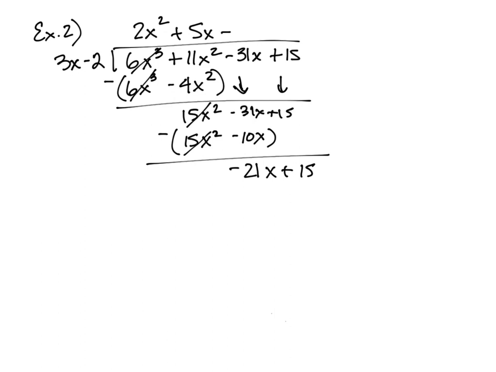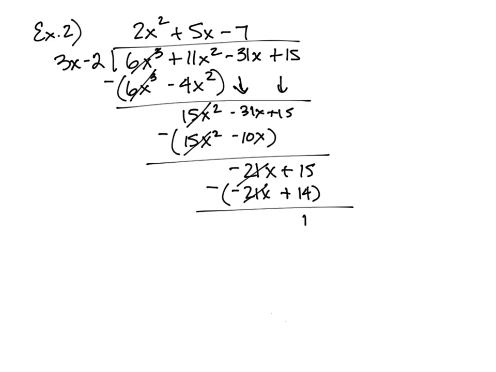Minus 7. No x, right? Just minus 7. So negative 7 times 3x is going to be negative 21x. Negative 7 times negative 2 is plus 14. Dang. It was almost nice. Cancel, cancel. 15 minus 14 is 1.